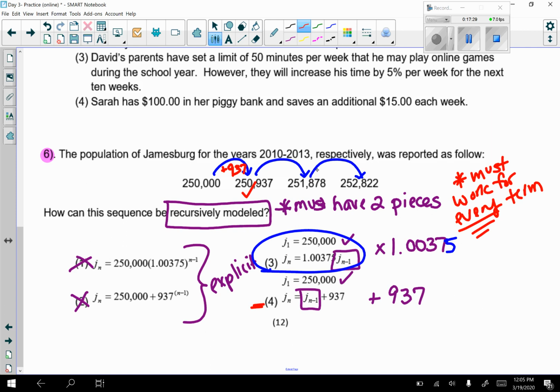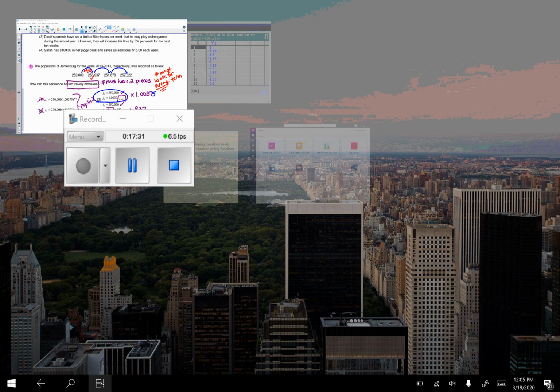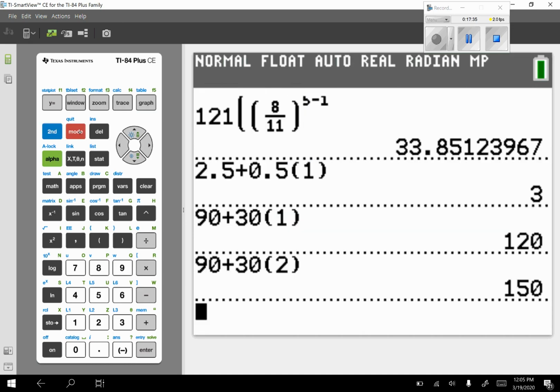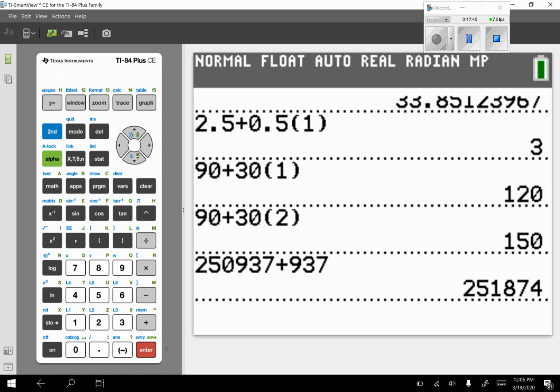But is it true between the next two terms? In my calculator, if I take my second term, 250,937, and I add another 937, I get 251,874, which is not my third term. So that's why it can't work.